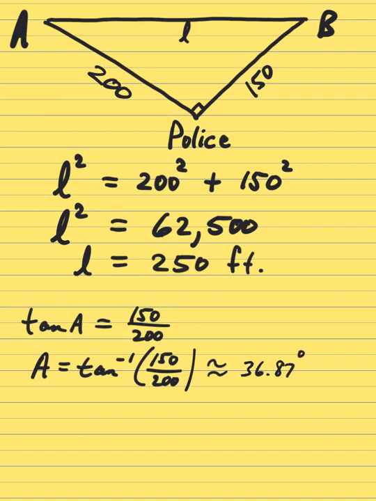Now we can do the same thing for B. Tangent of B is going to be 200 over 150, opposite of angle B over the adjacent length. So B is going to be the tan inverse of that ratio.